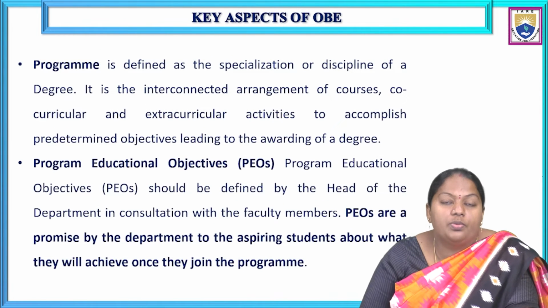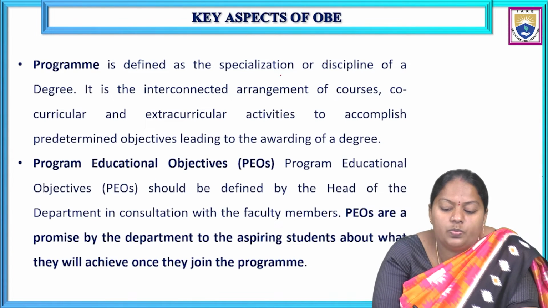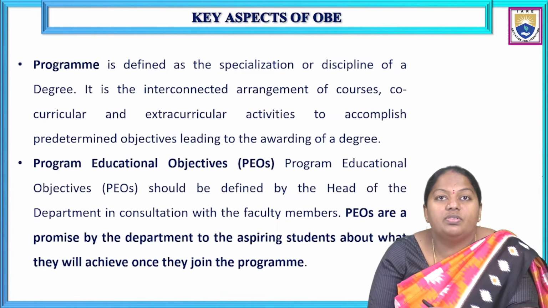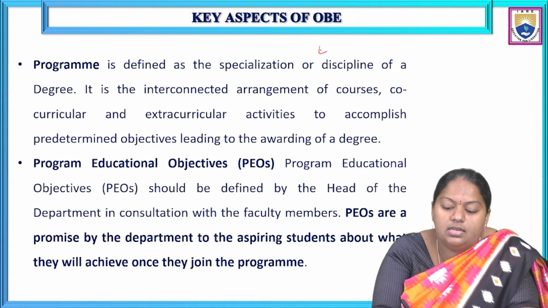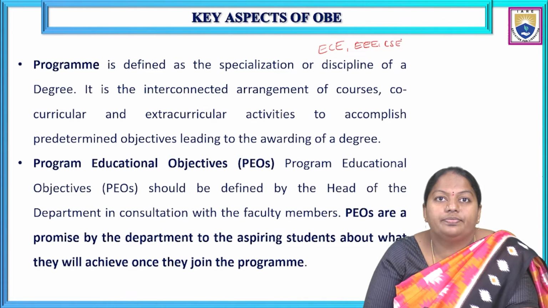Then, what do you mean by program? It is also one of the key aspects in outcome based education. Program is defined as the specialization or discipline of a degree. Different branches are to be considered. Examples of programs are ECE, EEE, and CSE.